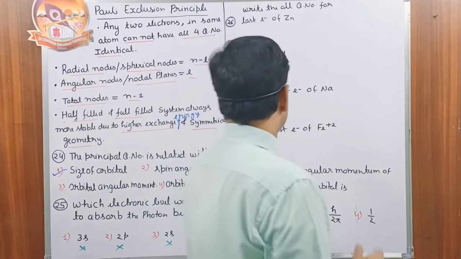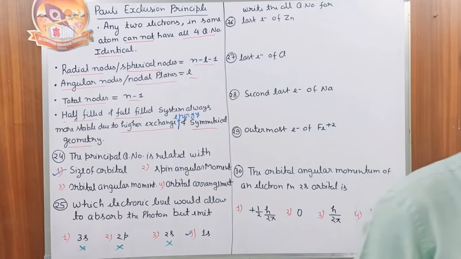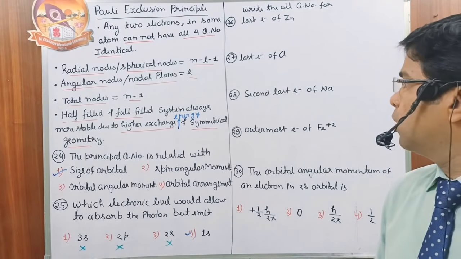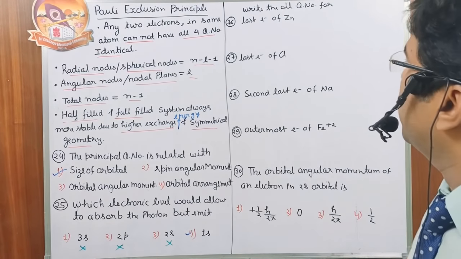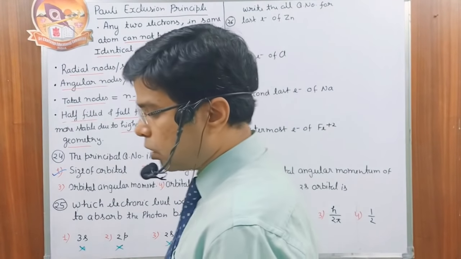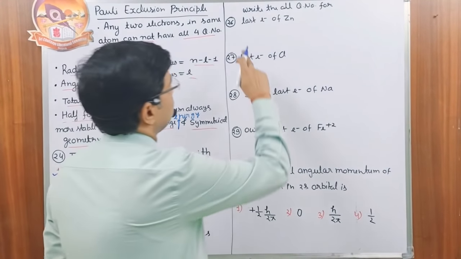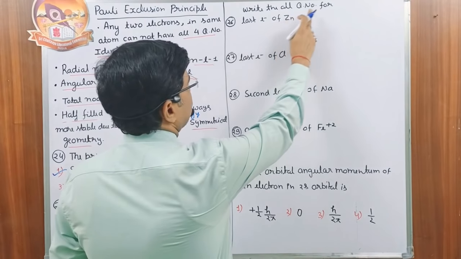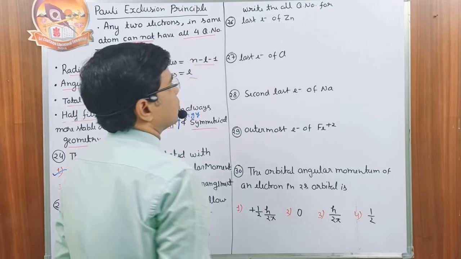Now questions 26, 27, 28 and 29 depend upon quantum numbers. We have to find the quantum numbers of the last electron. In question 26, we have to find the quantum numbers for the last electron of zinc.